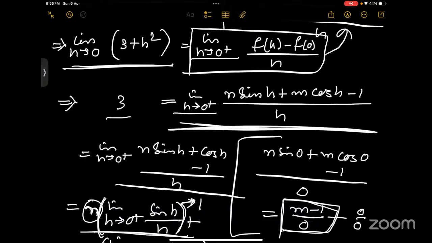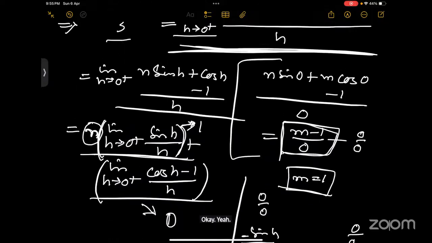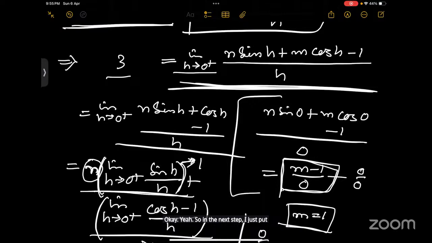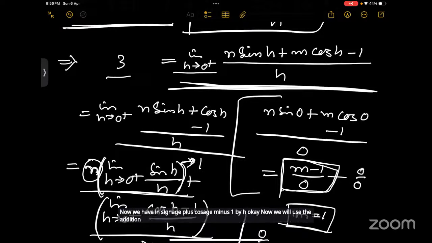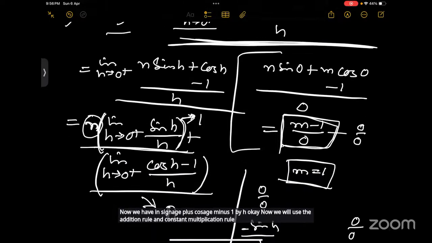Yes. So in the next step, I just put the value of m in the equation. Now we have n sin h plus cos h minus 1 by h. Now we will use the addition rule and constant multiplication rule because we know that n is a constant. So we will take n outside the limit.